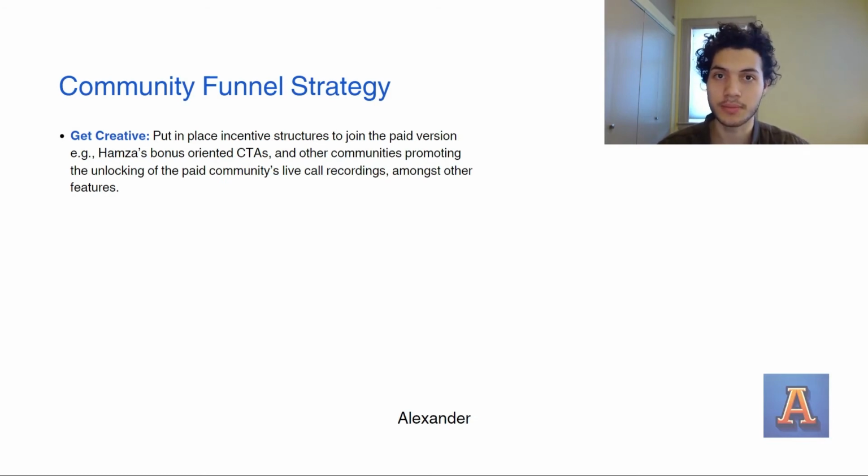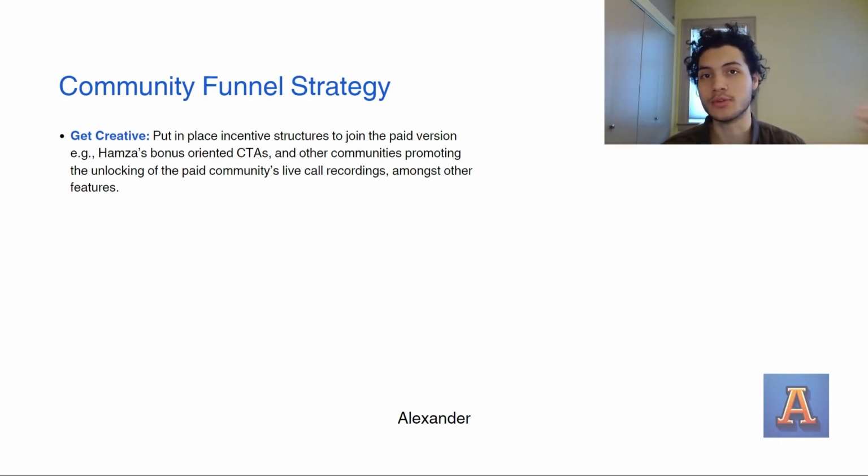And that is a creative way to get the members of the free community to upgrade to the paid version of the community. And of course, here we have the unlocking of the paid community's live call recordings, amongst other features. So I use this example specifically because I found it interesting. I forget the name of the community in which I witnessed this example, but basically in the free version, if you unlock a certain level, so how it works on Skool.com, the community hosting platform that we were just in a second ago, is that for every like you get a point.